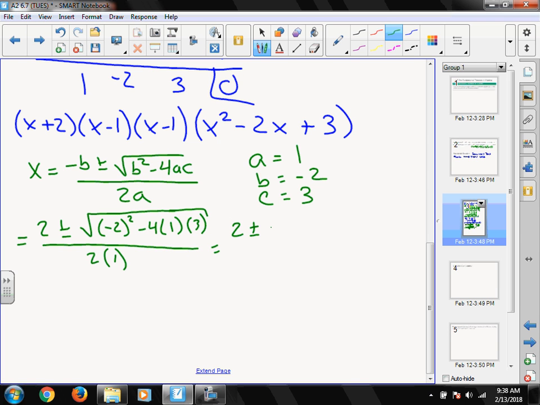Two plus or minus the square root of 4 minus 12 all over 2, which gives me 2 plus or minus the square root of negative 8 divided by 2. And how can I simplify the square root of negative 8?